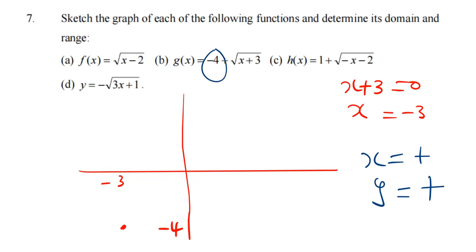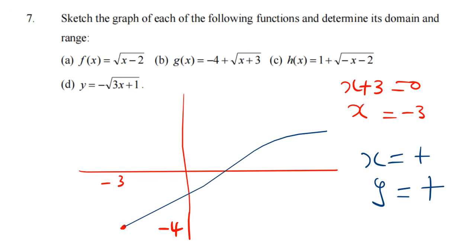This -4 is a shift. So look at the whole radical function. Now it can either go like this, it can either pass through this point going like that, or it can go like this.